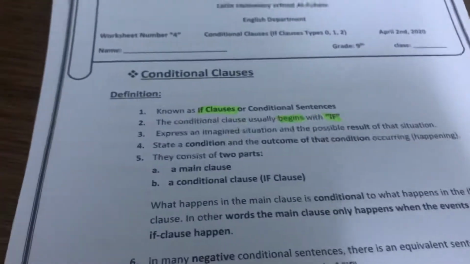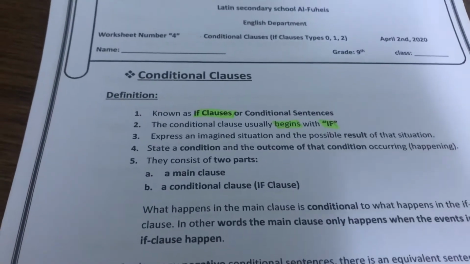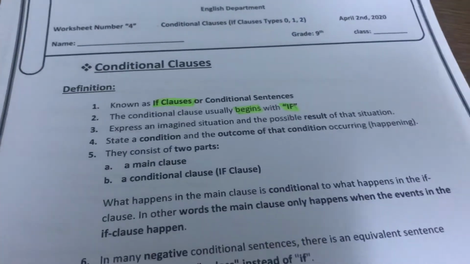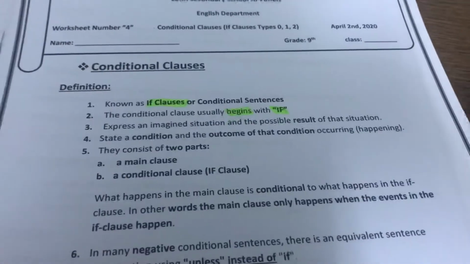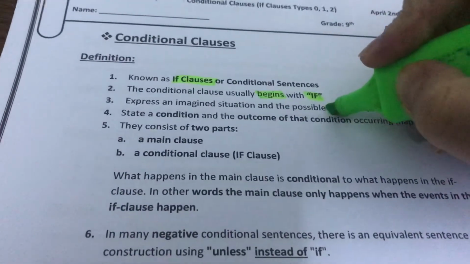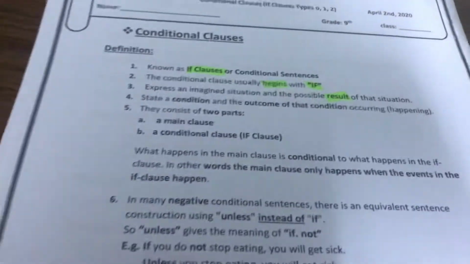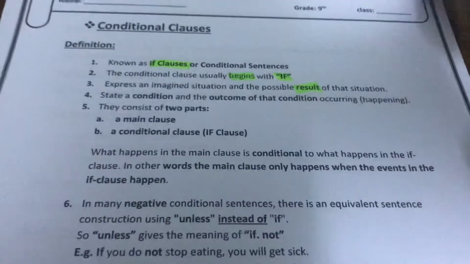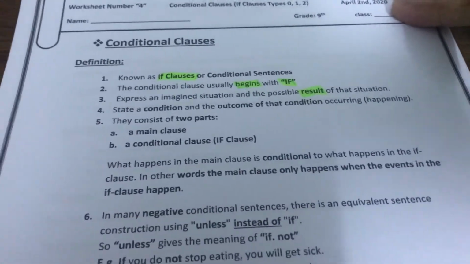Number 3, it expresses an imagined situation and the possible result of it والنتيجة المحتملة اللي تصير من خلال إذا تحقق هذا الشرط عنا.